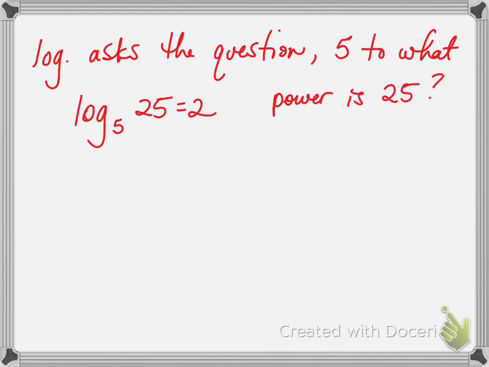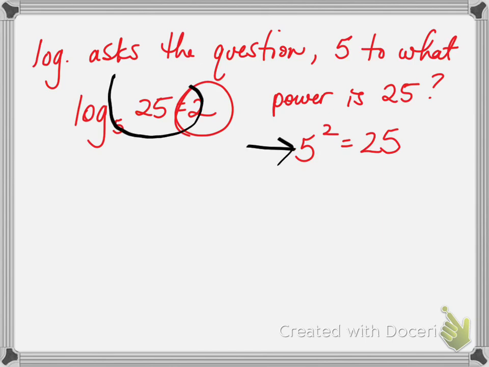So 5 to the second power is 25. That's why the answer to the logarithm is 2. The answer is the power. You can use the swoop to write this exponential that I did: 5 to the second power is 25. So it's really handy to go back and forth between the two forms.